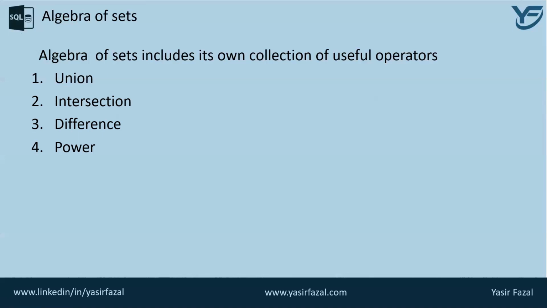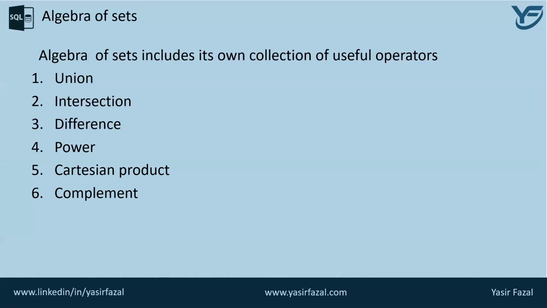So this is the power set. Another one is the Cartesian product of sets. When you multiply two sets with each other, you get the Cartesian product. So this is further going towards the algebra of sets.